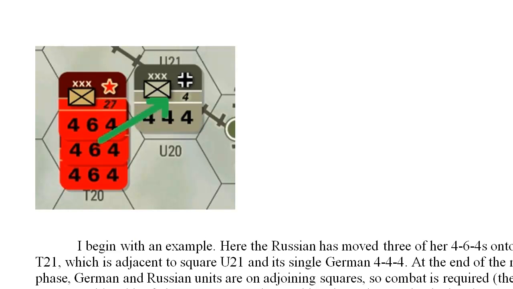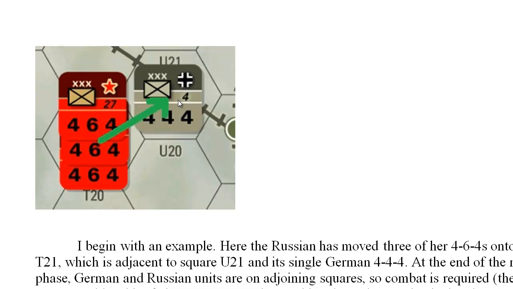In the image here, the 3 Russian units on T21 were moved into this square during the Russian player's turn. There was a German unit here on U21. Because this was the Russian player's turn, the German unit did not move. The Russian player has moved units into the zone of control of a German unit.